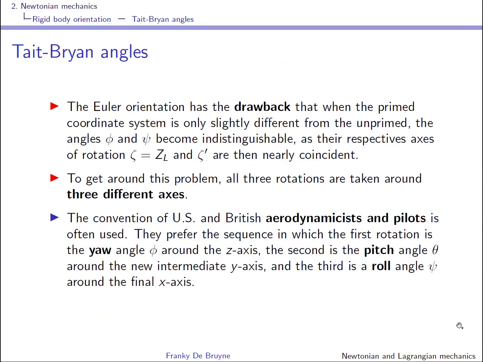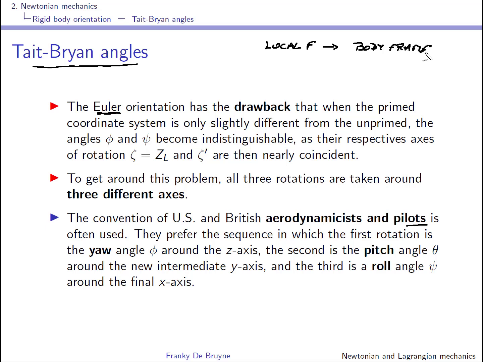Okay, so as you can see, I have skipped quite a few slides concerning the Euler angles, right? In this video presentation, I will stick to the Tait-Bryan angles. They are used mostly by pilots, US and British pilots, to go from the local frame to the body frame.